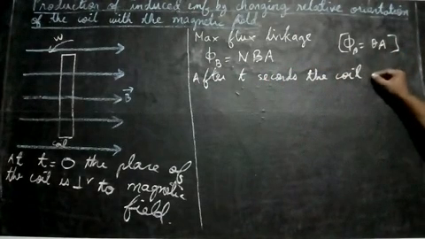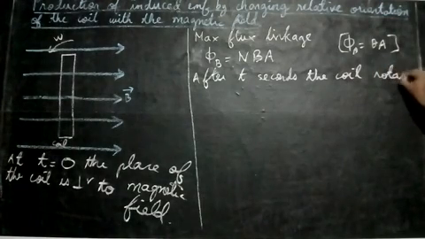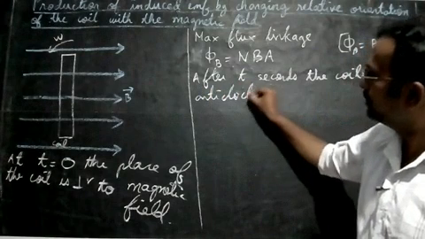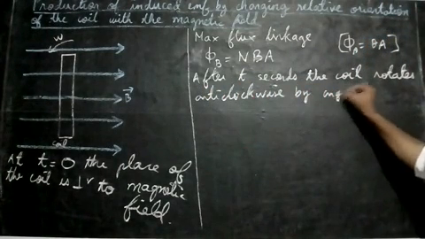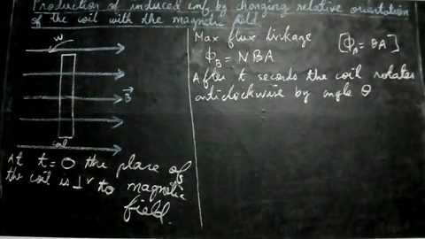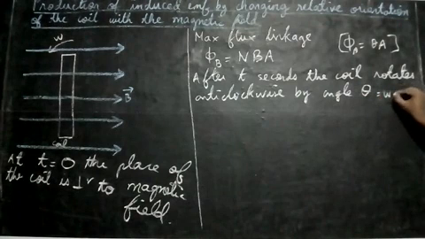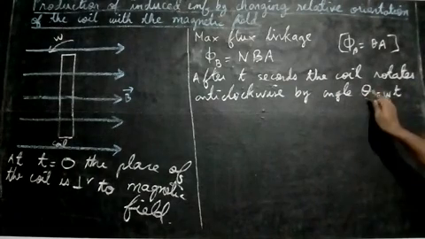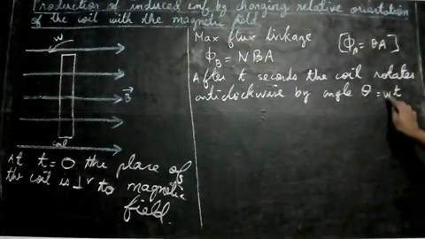The coil rotates anti-clockwise by an angle theta. This angle theta is equal to omega t, where omega is the angular velocity.